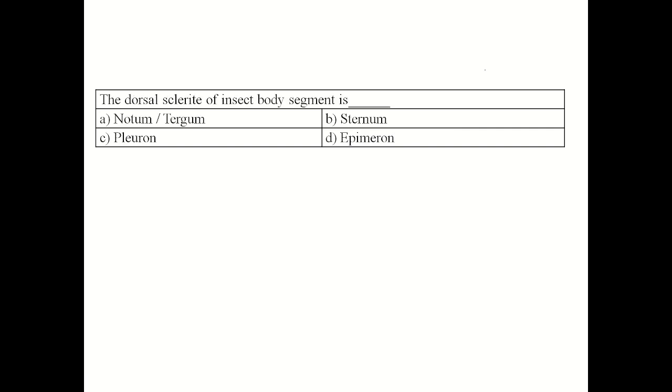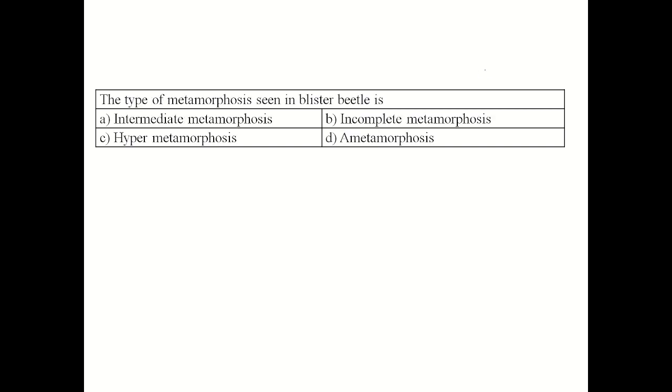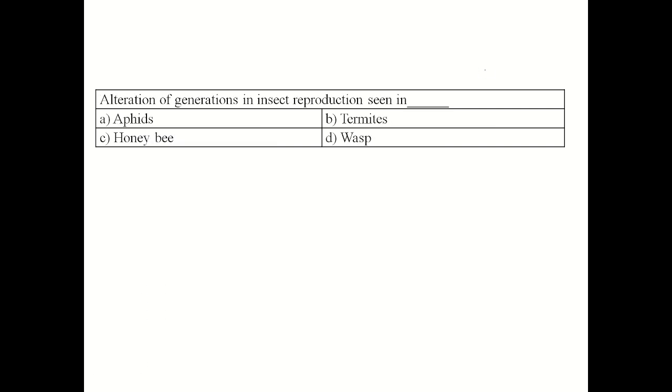The dorsal sclerite of insect body segment is known as notum or tergum. Moniliform type of antennae are seen in termites. The type of metamorphosis seen in blister beetle is hypermetamorphosis. Alternation of generations in insect reproduction seen in aphids.